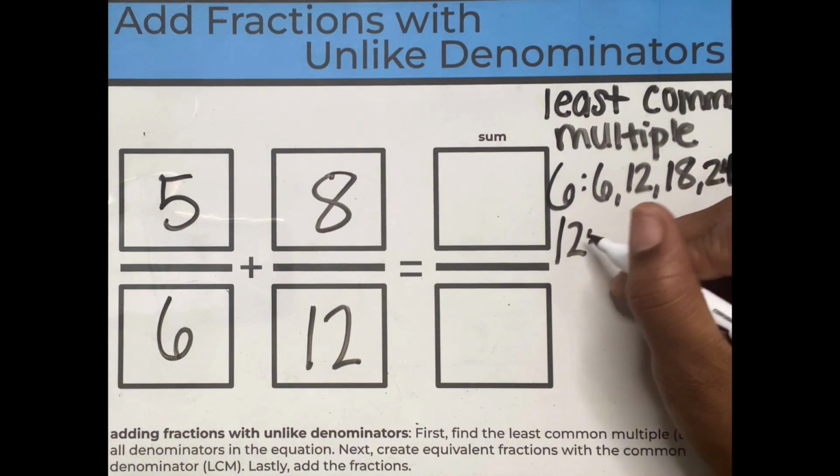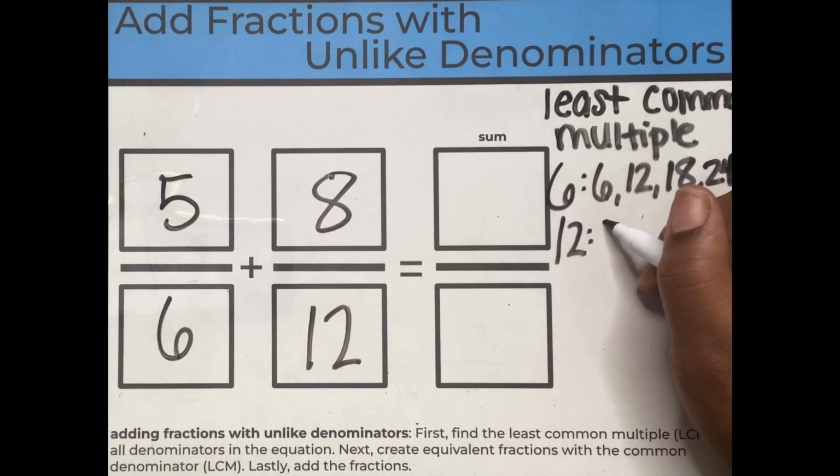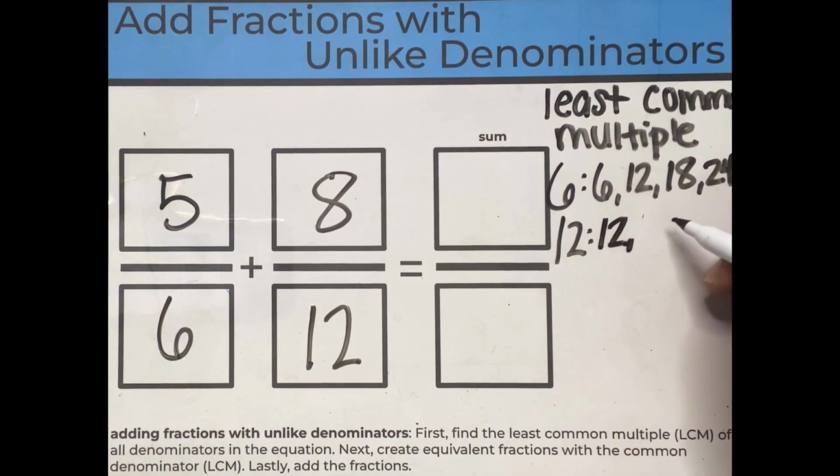All right, let's list the multiples of 12. 12, 24. I normally tell students to do about 5 or 6 of these, but because we already see the one that they have in common, we're going to go ahead and stop. Okay.